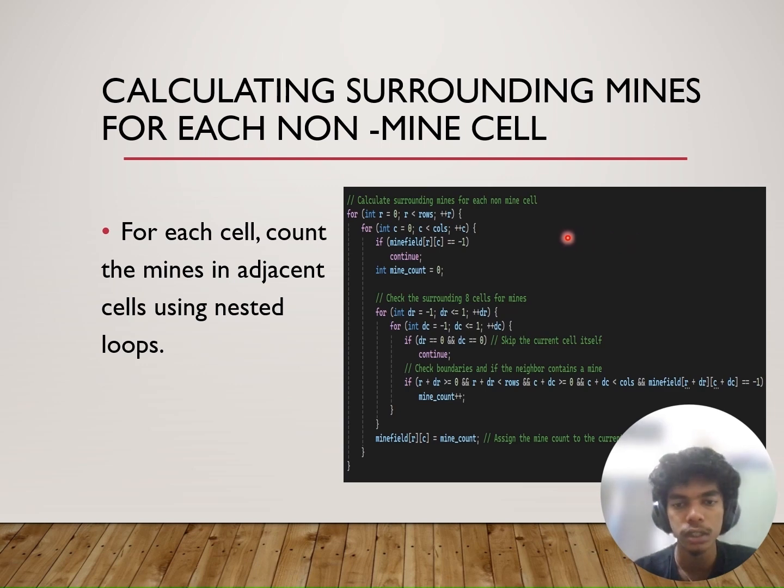So similarly we would have 8 neighbors for this. But if dr is 0 and dc is 0, which means the cell it is pointing to is the cell itself, then we will be skipping it.